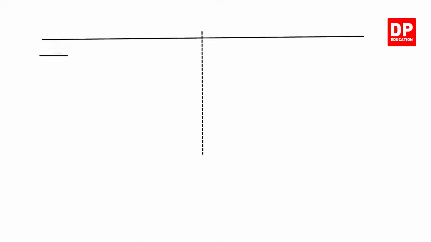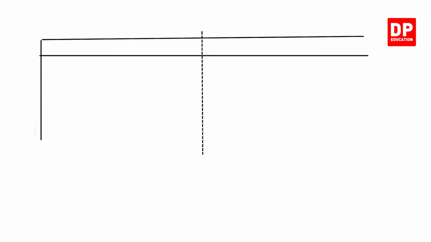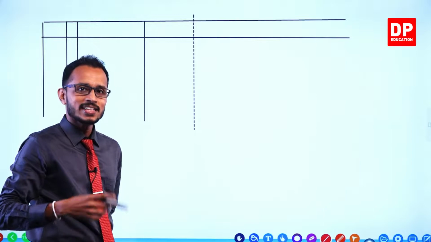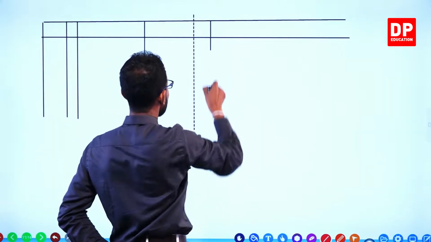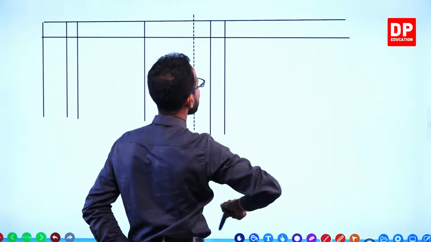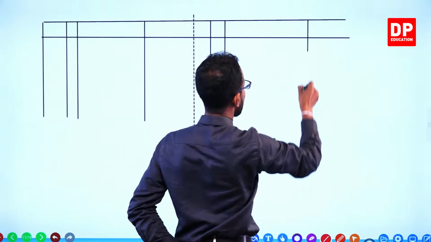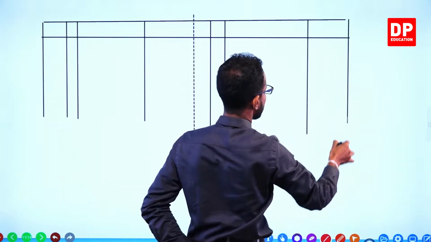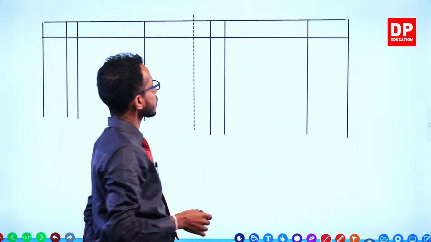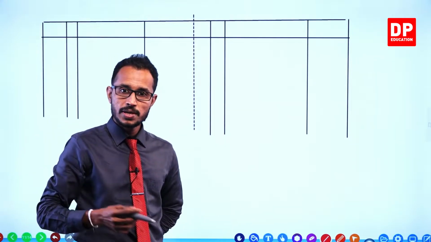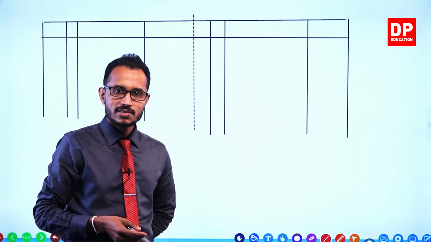Headers, one row for the headers. Small things lead to big things. That's the method, right? Small things lead to big things.